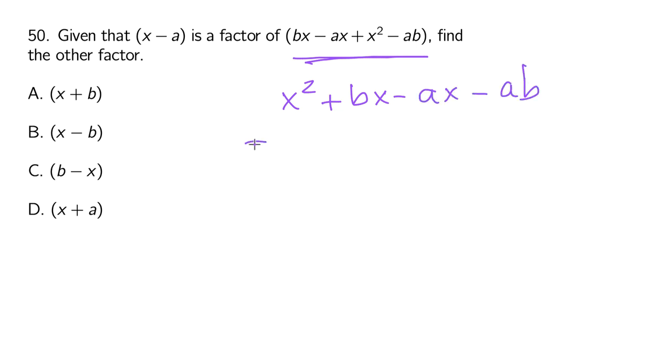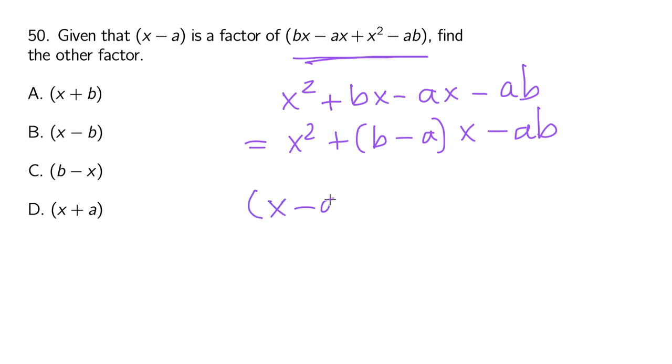So it's the same as x squared plus (b minus a) times x minus ab. If you write it that way, and you note you also have that x minus a is a factor, and you want to find the other factor, then the question is, what must you multiply by x minus a to get this?